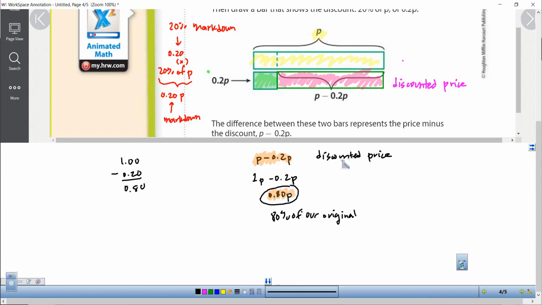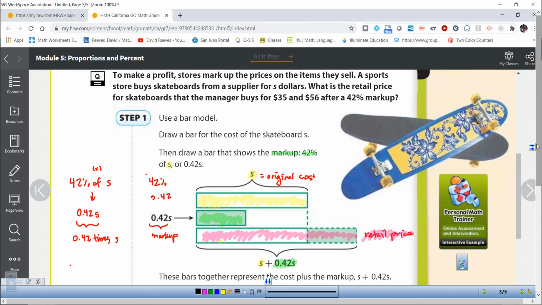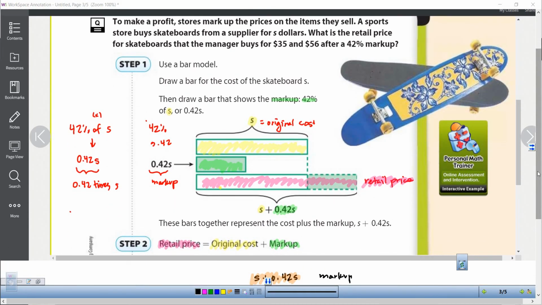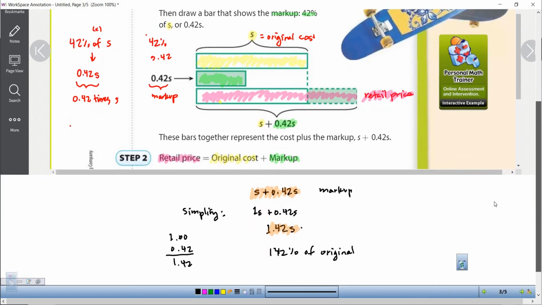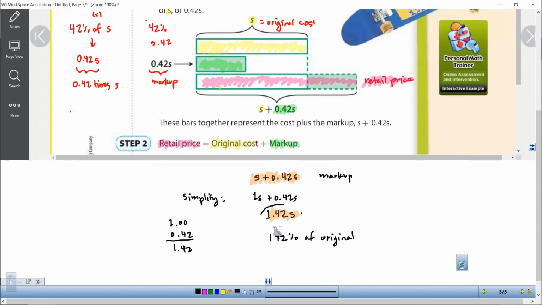When you have an increased price, a markup, you're going to get a decimal coefficient that is larger than 1.